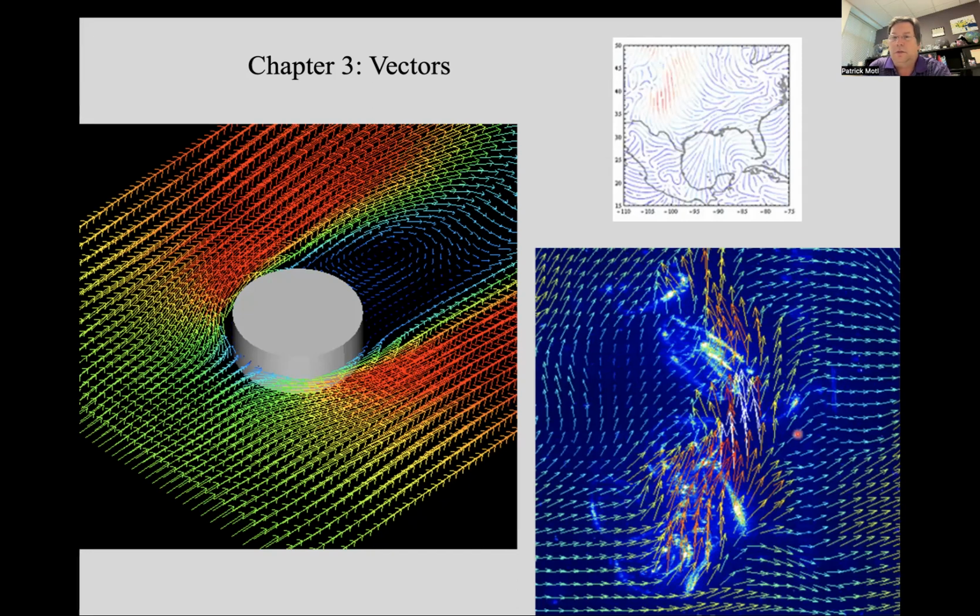Another example, and this is flow of plasma in a cluster of galaxies, where I have a vector field represented as arrows, and the direction that the arrow points is telling you information about what direction the vector field is pointing at that location in space. And the length of the arrow, as well as the color of the arrow, is telling us about how fast that plasma is moving in this particular arrangement.